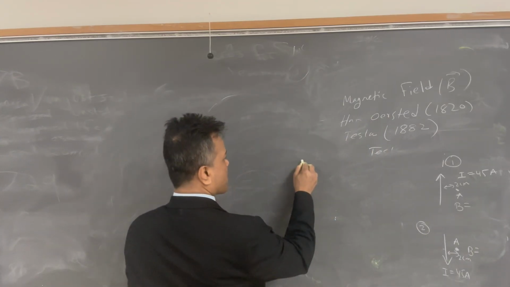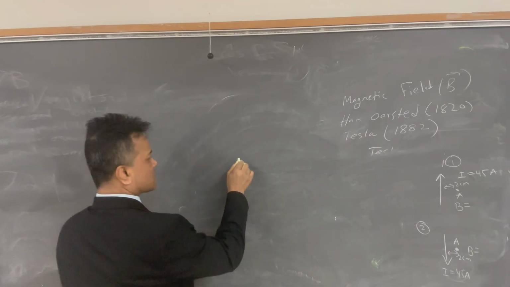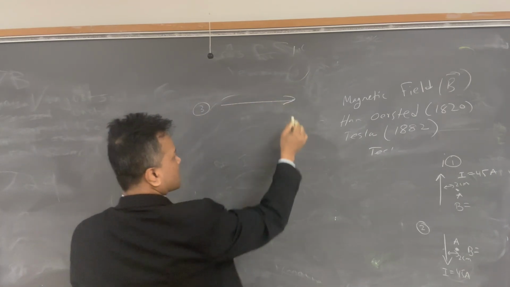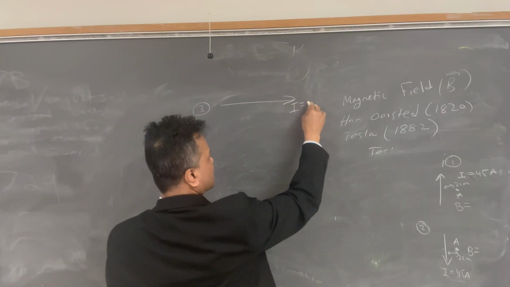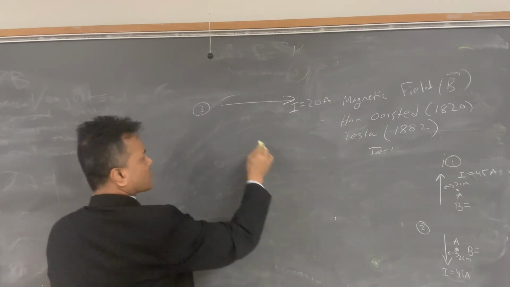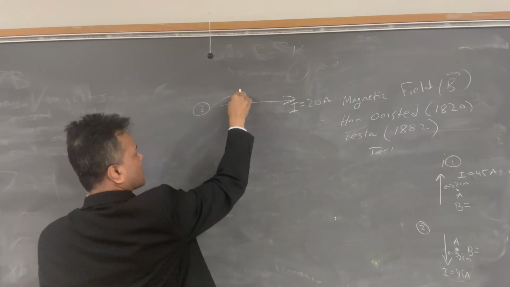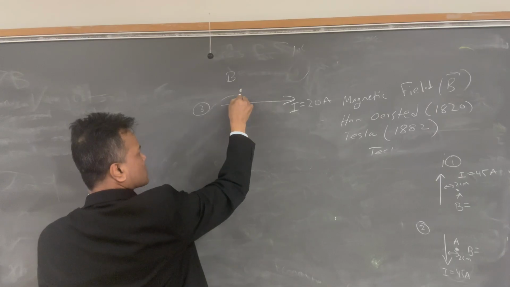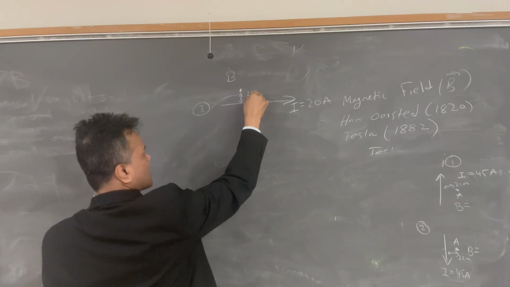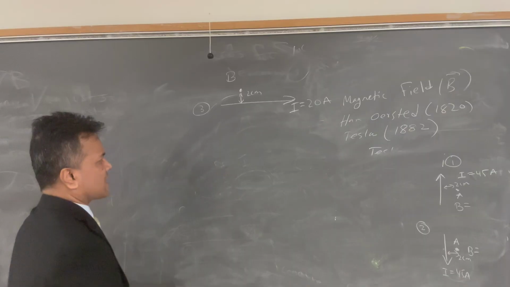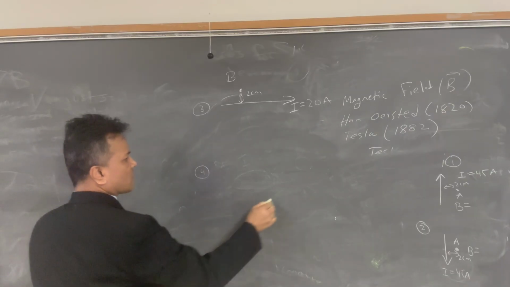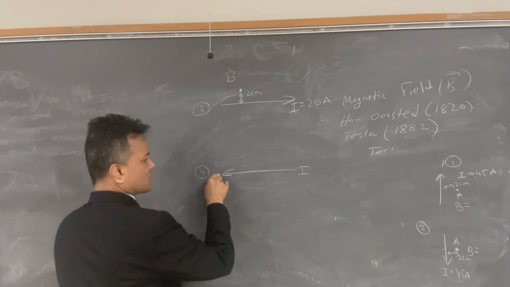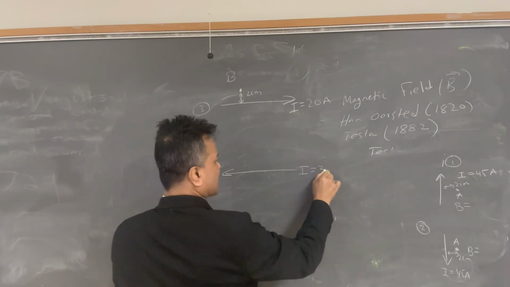Number 3: the wire current is, let's say, 20 amps flowing to the north, and you have to find the magnetic field at location A, which is 2 centimeters above the wire that carries the current. Number 4: the wire carries current to the east, 30 amps.